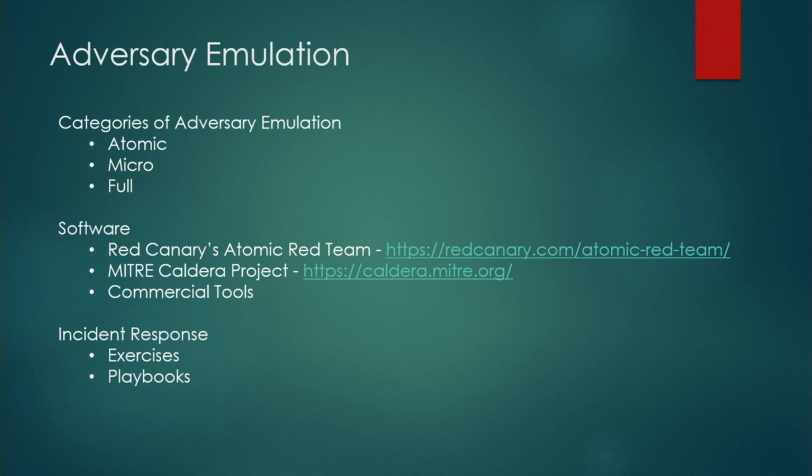This is a simple command that's going to mimic one adversary technique. Let's say we built a new detection and we want to test it, right? Microemulations are going to mimic chain techniques. For example, if we wanted to see how an adversary uses privilege escalation to move through the environment, we might want to trace that with a microemulation. And then finally, full emulations are exactly what they sound like. They're going to emulate the full attack chain of the adversary.